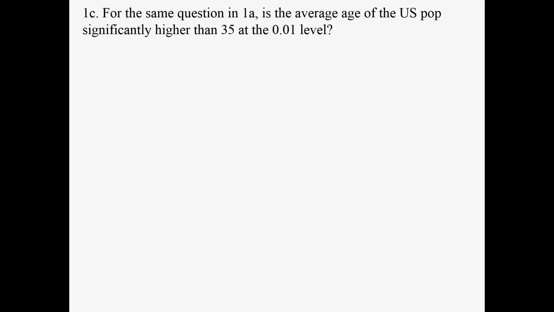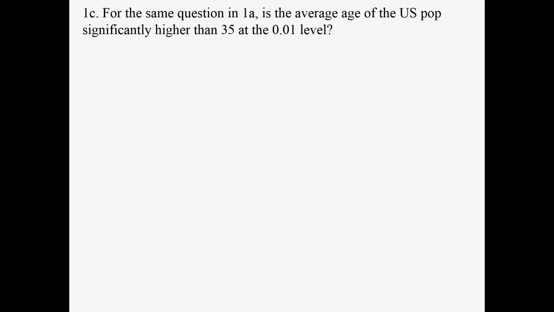Now for this question, from the way that the question is asked, you can realize that this should be a one-tailed test because it no longer asks you whether the average age of the U.S. population is significantly different from 35. It asks you specifically whether it is higher than 35.